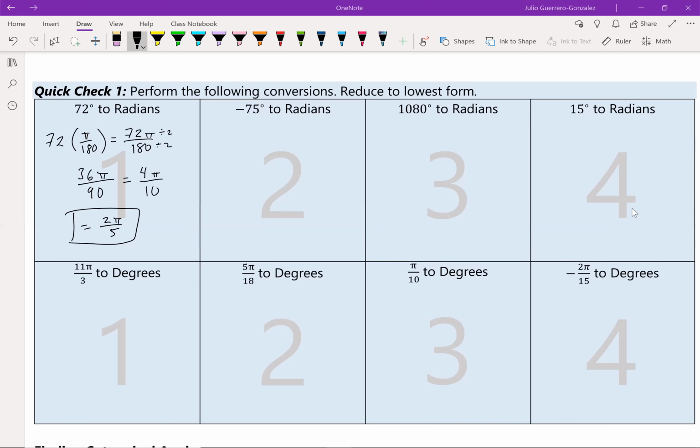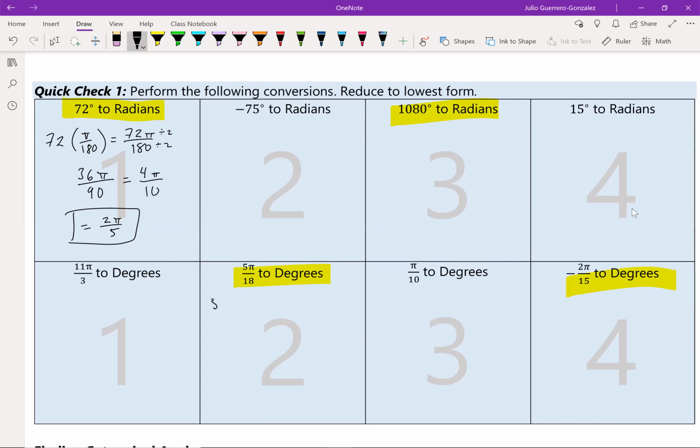Okay, let's go ahead. I'll do these really quick, just so that everybody gets some practice. If I want to go from radians to degrees, what do I do? You multiply it by 180 over pi.